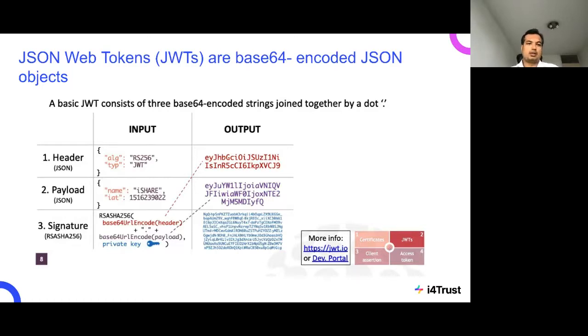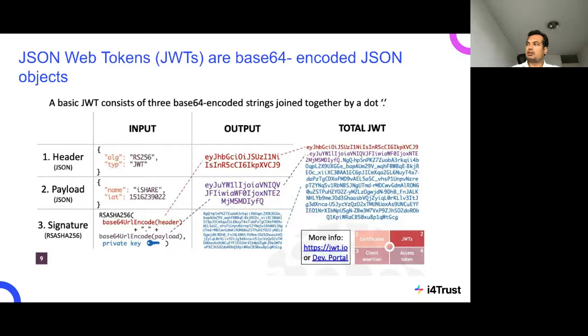And at the bottom you see the signature. This is where, as I was explaining, you use the digital certificate or the private key to sign. Once you sign it, the corresponding signature is added. So a JWT is a combination of these three things, as displayed here. It is appended using a dot in between these three parts.